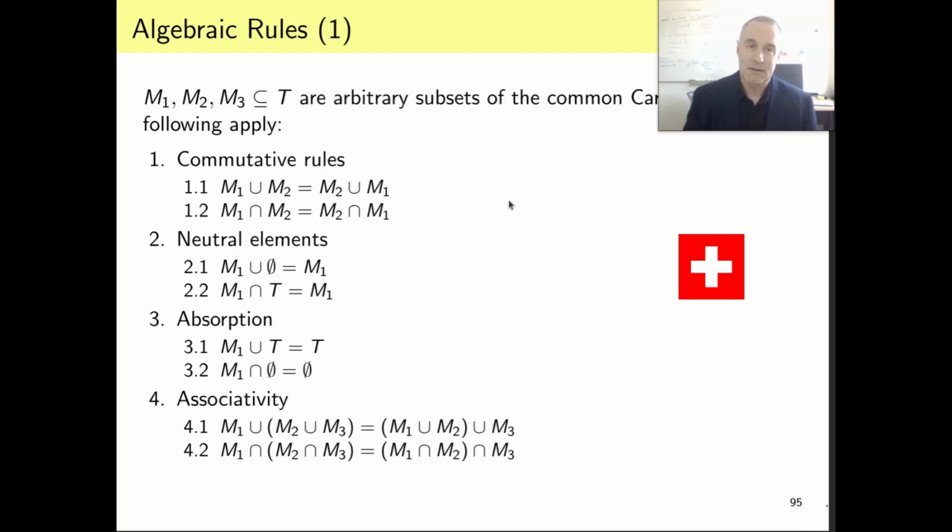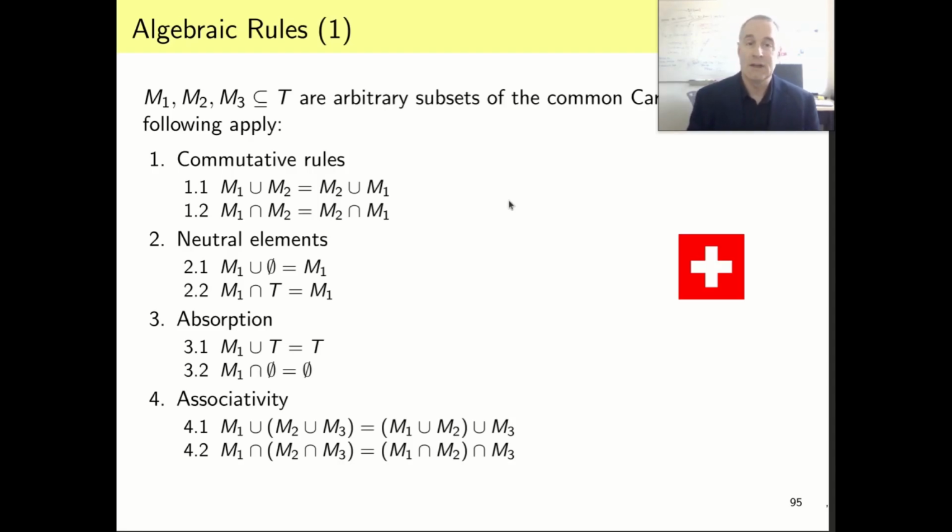So the first one, commutativity, just says for the operators of intersection and union, you can present the arguments in any order. So the union of set 1 and set 2 is the same as the union of set 2 and set 1, the same for intersection.